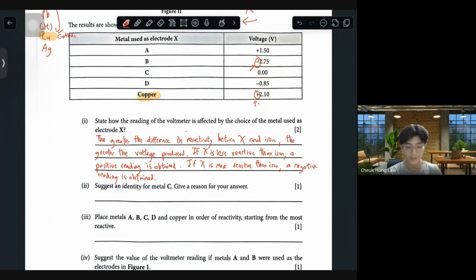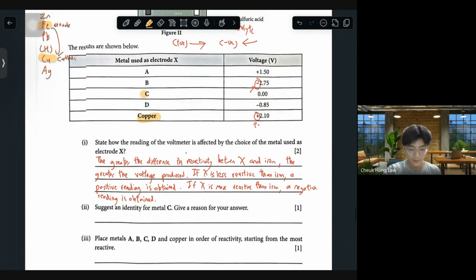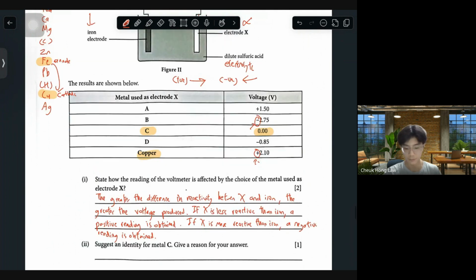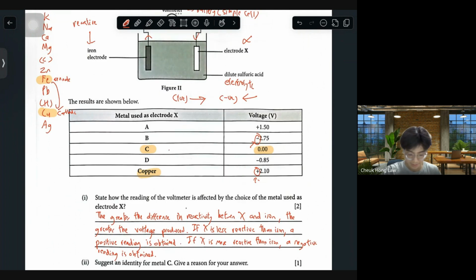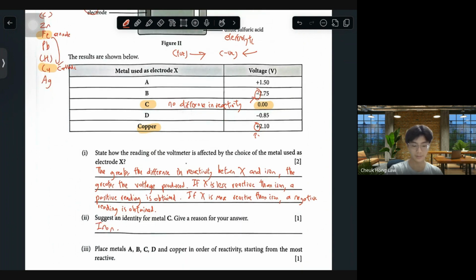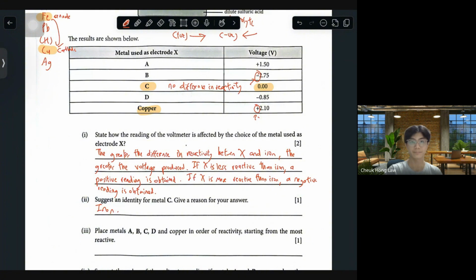So suggest an identity for metal C. For metal C, the voltage is 0. What could that mean? If the voltage is 0, that means there is no difference in reactivity. Only a difference in reactivity will cause the electrons to flow. If there's no difference in reactivity, chances are it's the same exact metal as the other electrode, which is iron. So iron is metal C. Explain your answer.